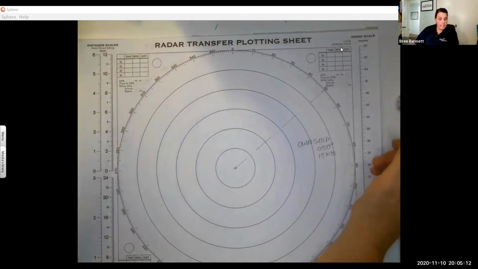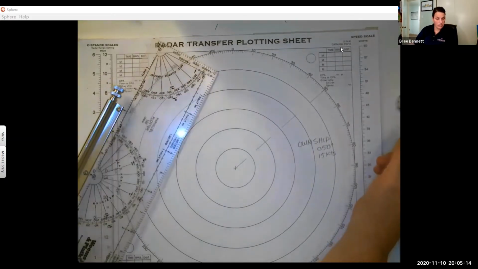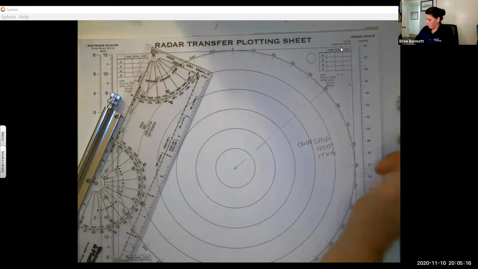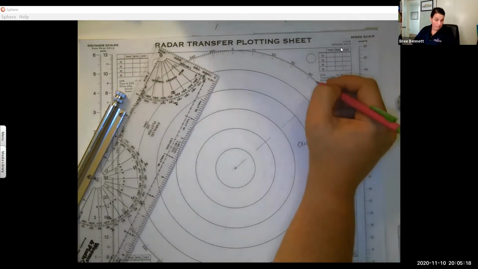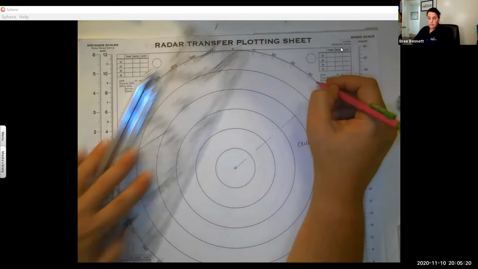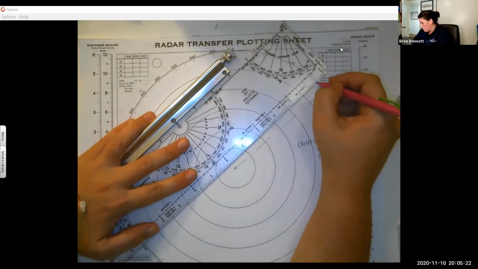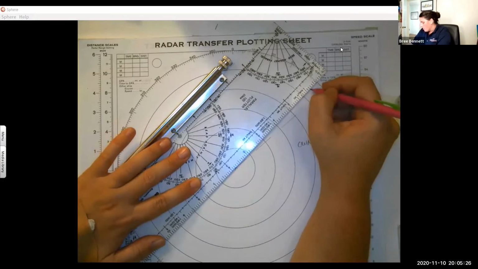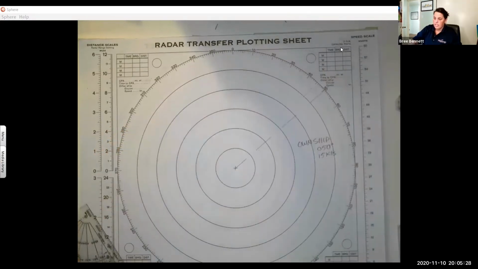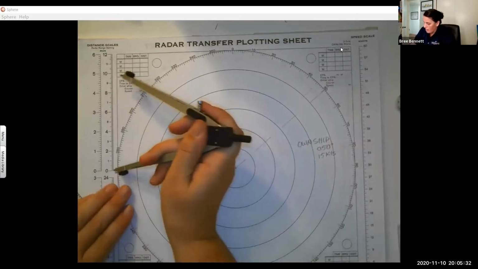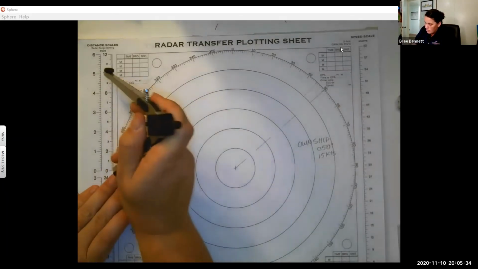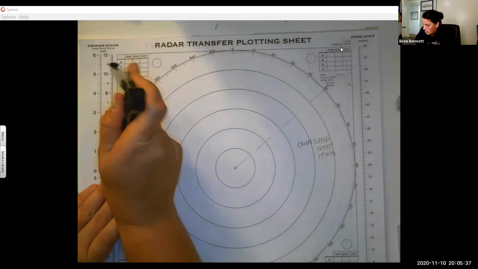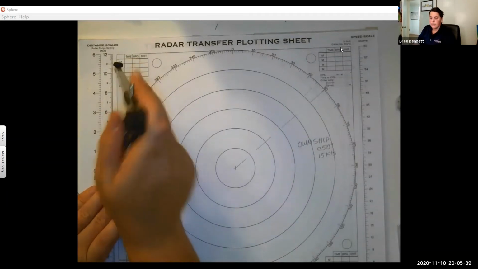At 1927, you sight a target bearing 045 at 10.5 miles. So 045 at 10.5. So let's find that. 10.5.